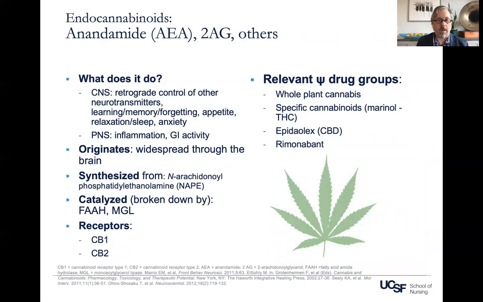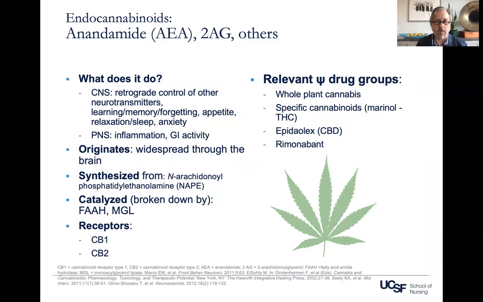Now, endocannabinoids, this is interesting that we have a very complex system of cannabinoid receptors in the central nervous system and the periphery as well. And so these do not exist just so we can get intoxicated from the cannabis plant. Anytime you have a receptor, there's going to be an endogenous ligand which plugs into that.